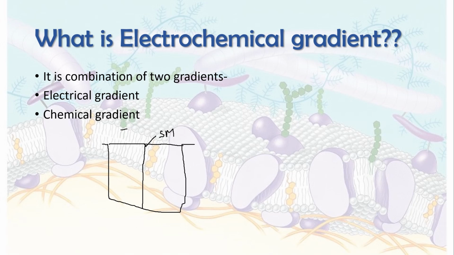In column 1, we have the same molecule A, but this time they are charged. Suppose A molecules have a net positive charge. In column second, we have the same Z molecules having a net negative charge on them.